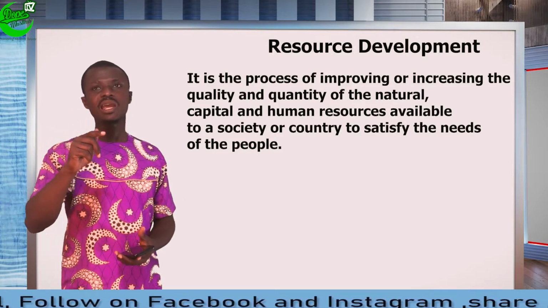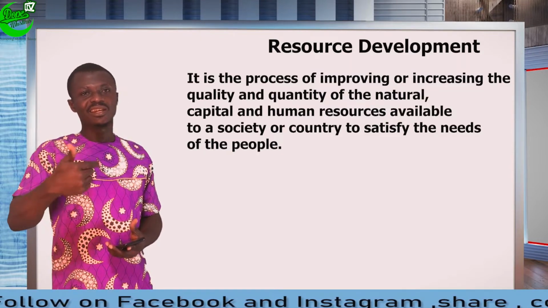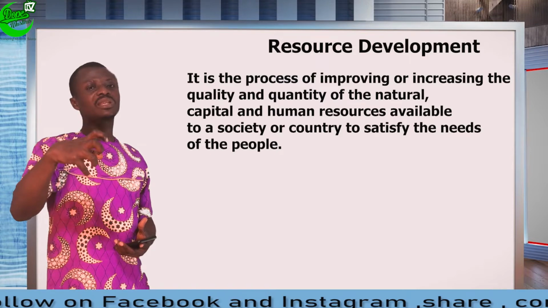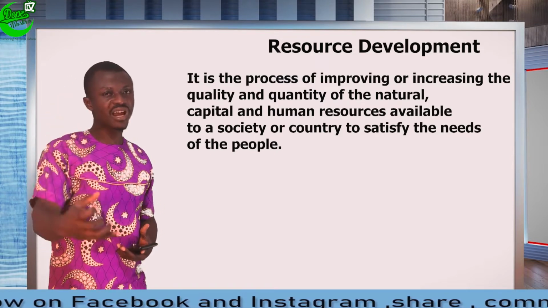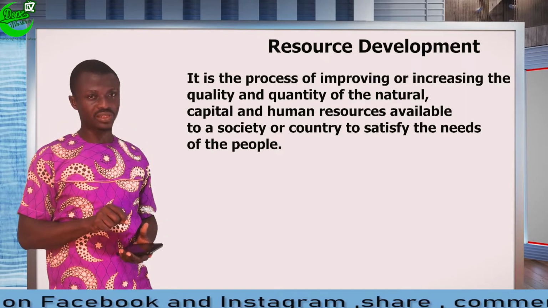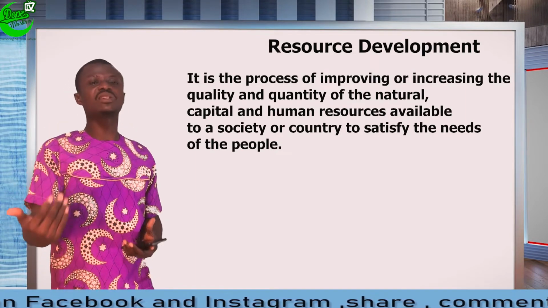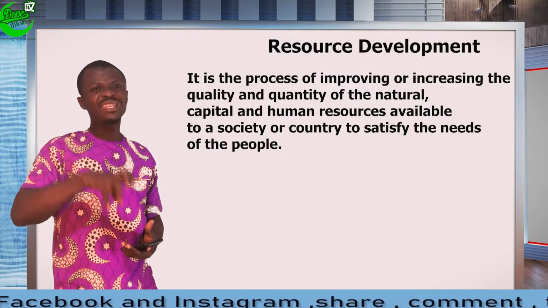So the process where we are improving or increasing the resources, but here I want us to break the resources down to the human, the natural, and the capital resource that is available to a country. And what is the reason why we are improving? We are improving all these things in order to meet the needs of the people.